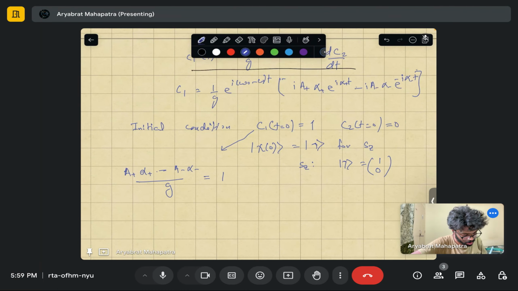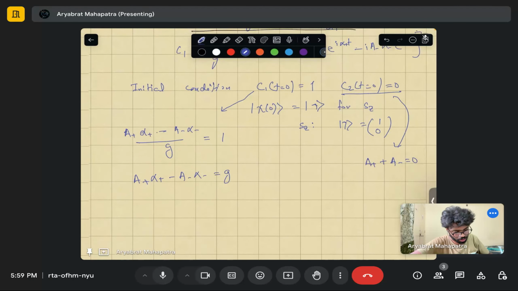That means A plus alpha plus minus A minus alpha minus equals z. And further, from this you will get A plus plus A minus equals 0.